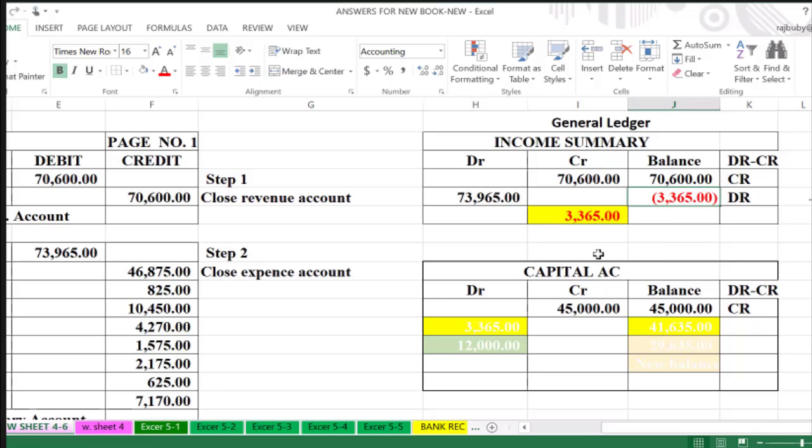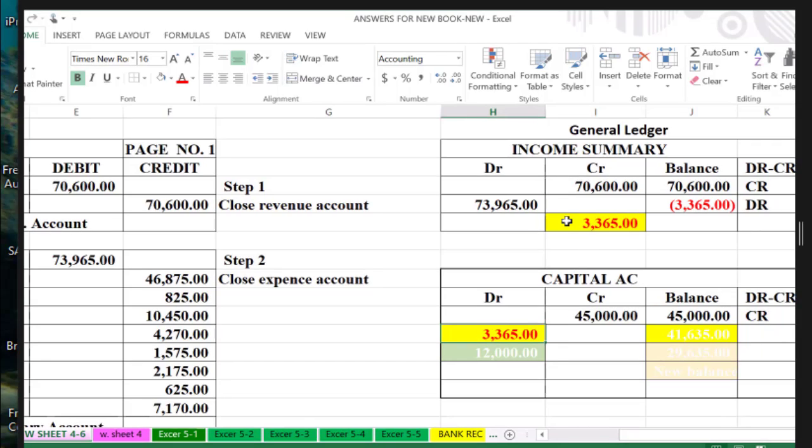In that case, you're crediting the income summary account and debiting the capital account. If it is profit, that one is going to be on the credit side, because capital is increasing by profit, decreasing by loss.